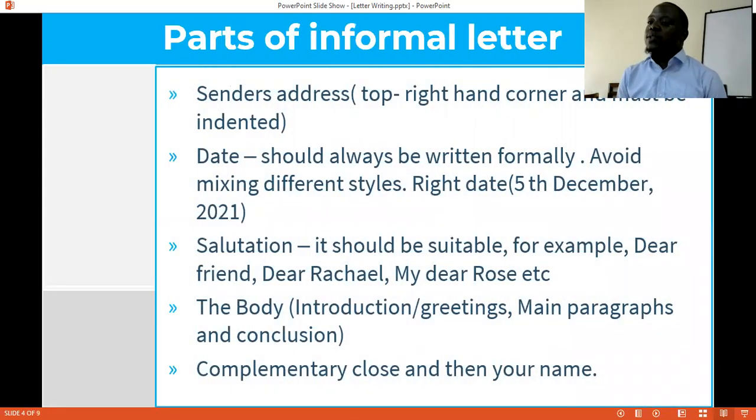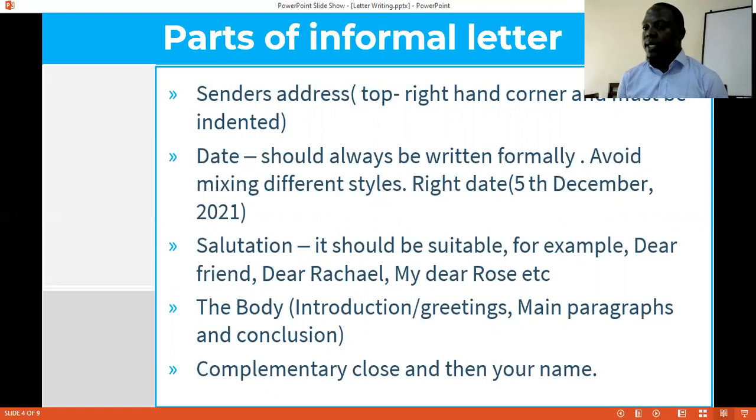So we're going to look at parts of the informal letter. What makes up these informal letters? The first thing we usually have is the sender's address, or commonly known as your address, the writer's address. Usually put it at the top right-hand corner and must be indented.